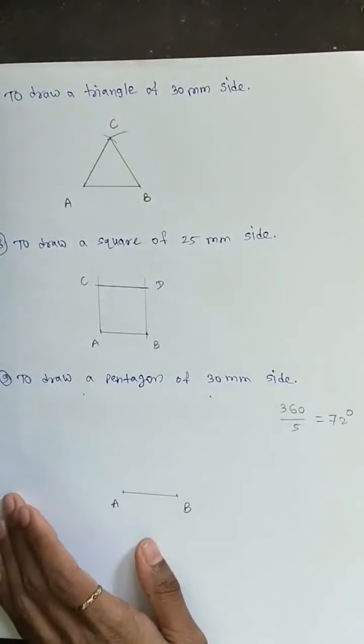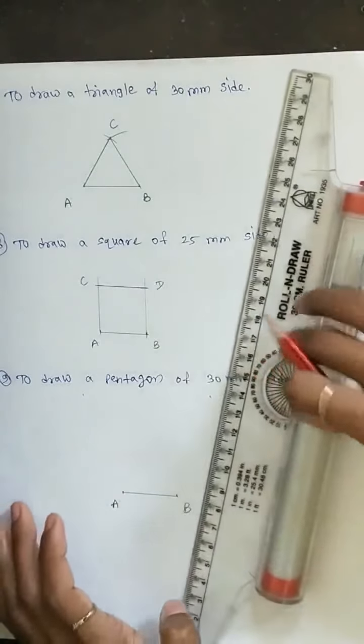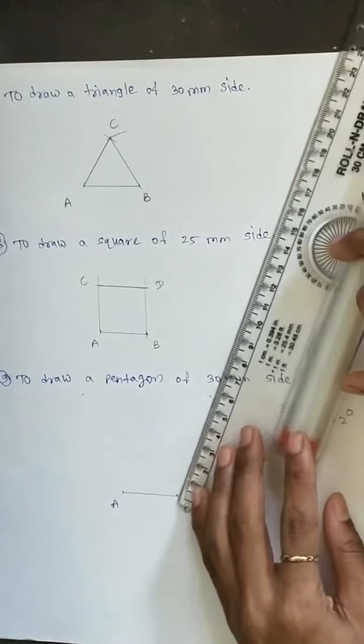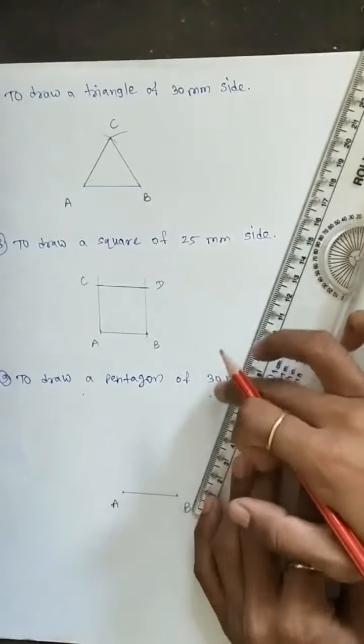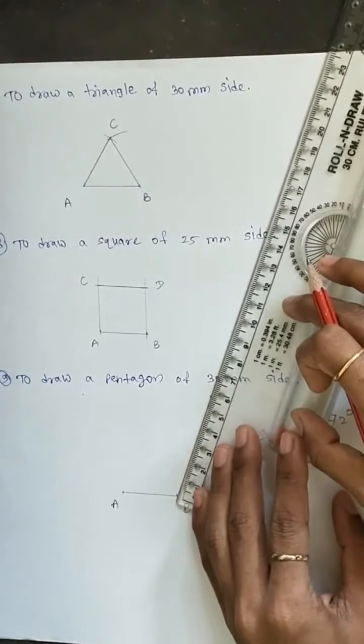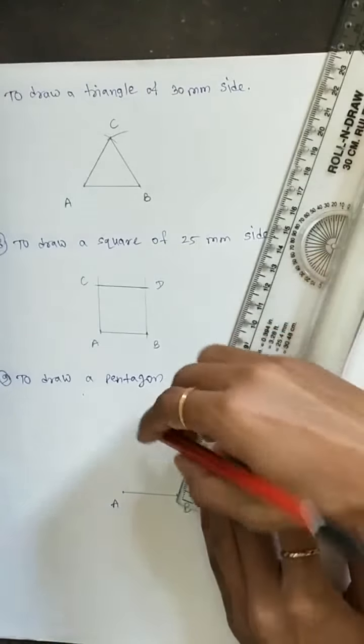And on these lines, take B point and this point. On this line, take 30 mm distance and draw it.